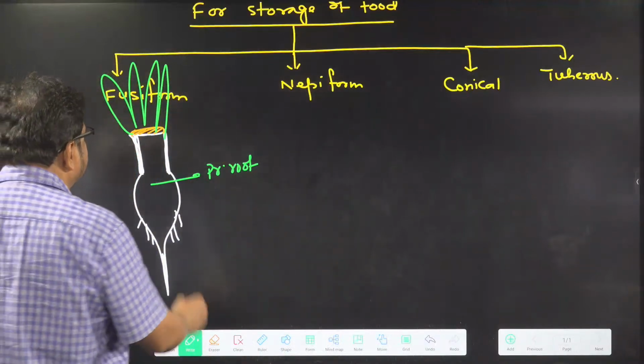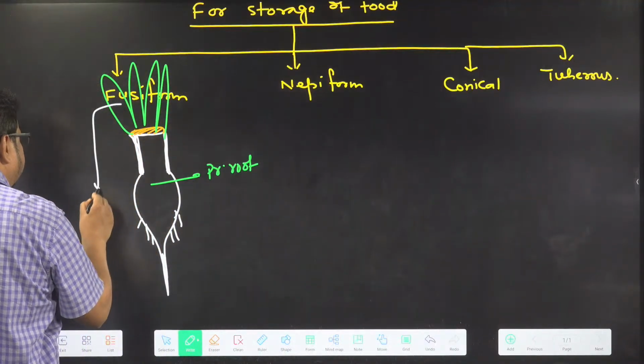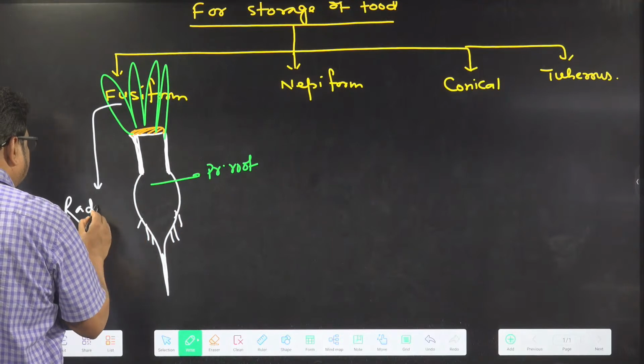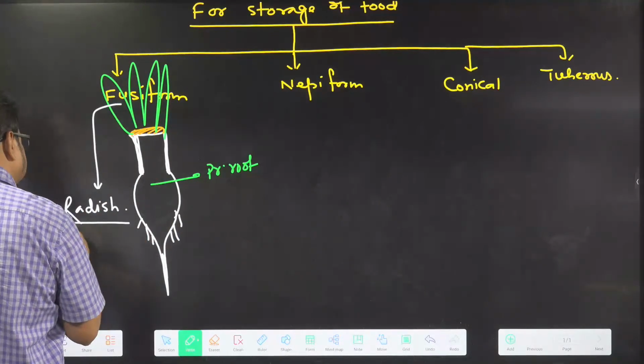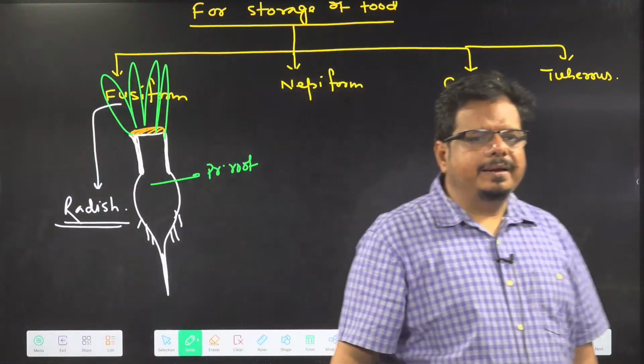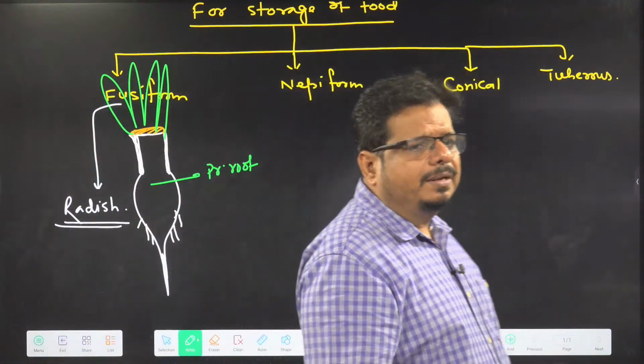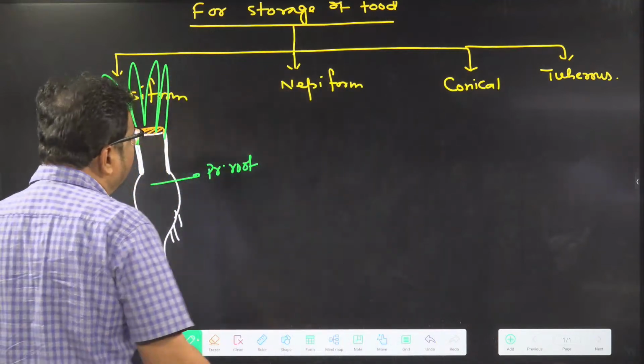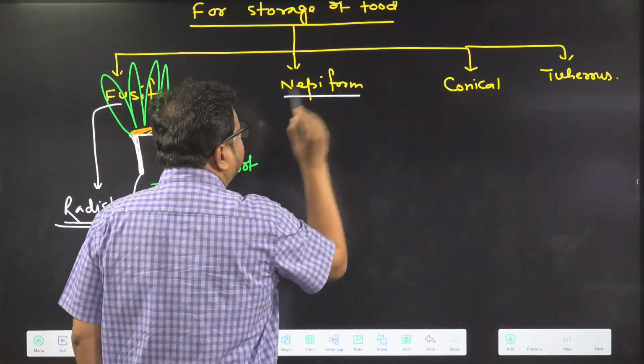It is radish. Example of fusiform is radish. Got the idea? Is it clear in the mind? Radish.